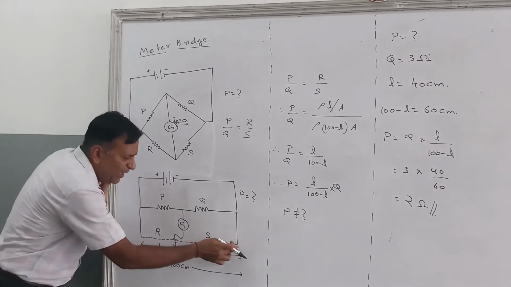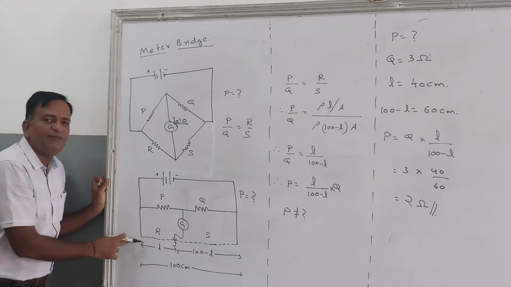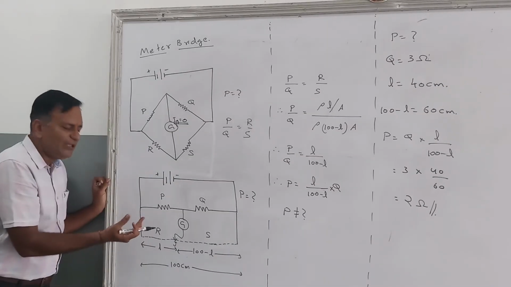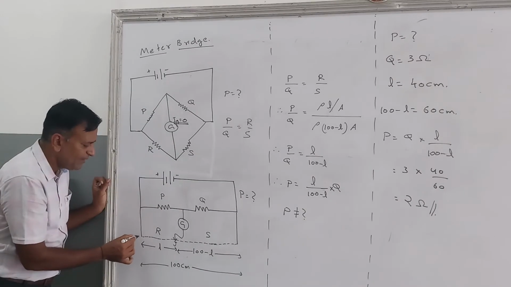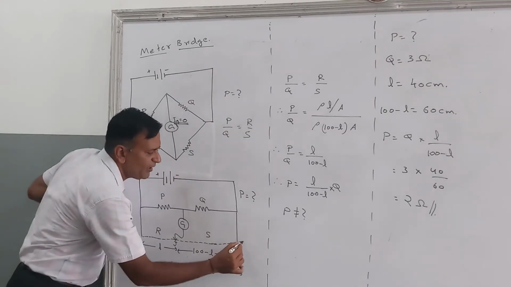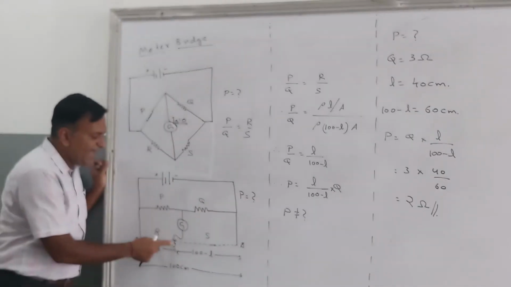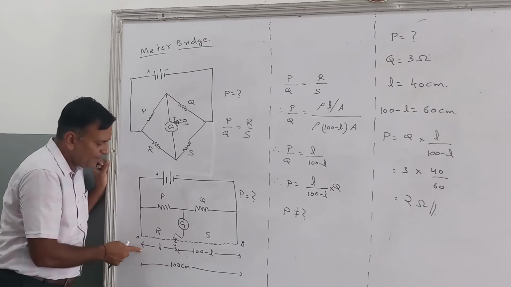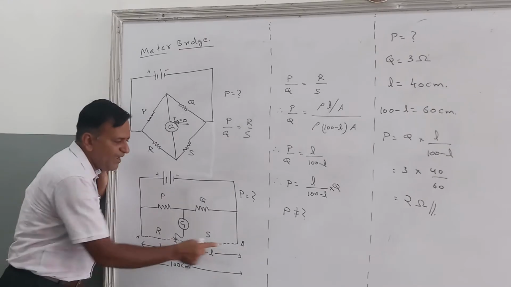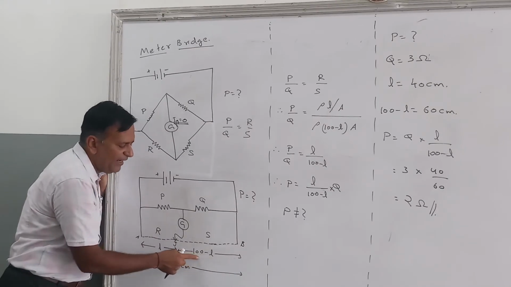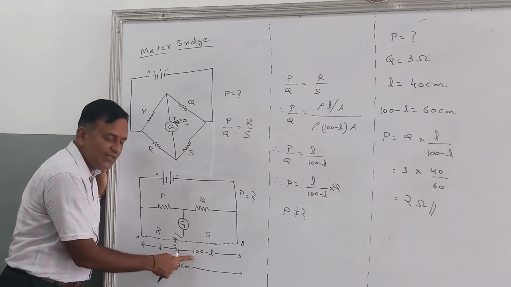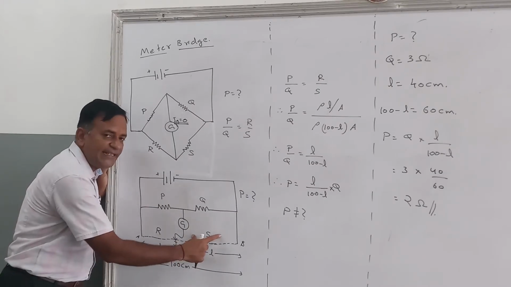Just below this 100 centimeter wire, you have a scale to measure the length. You can call this point A, and this B. So if the length of AJ is L, the length of JB will become 100 minus L. This is 20, this is 80, this is 10, this is 90.